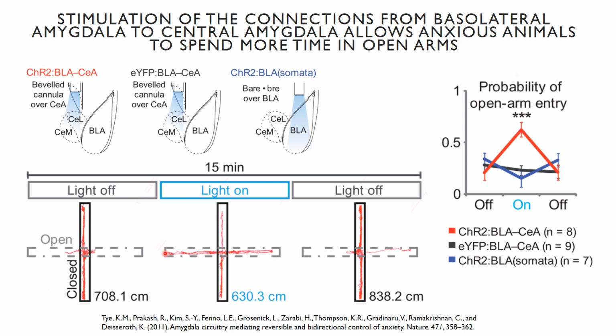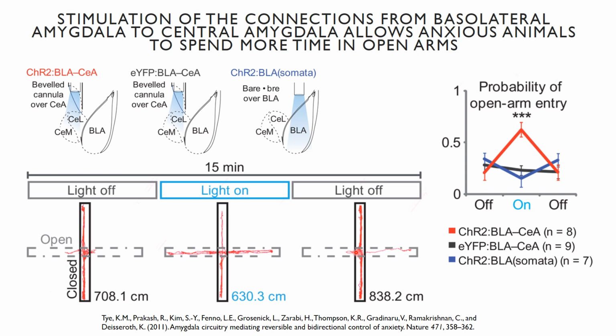They're spending more time in the open arms when the light is on. Then when the light is back off, the mouse is back to being anxious again and spends all its time in the closed arms. So it's 5 minutes off, 5 minutes on, 5 minutes off, and they do this in the three different groups.